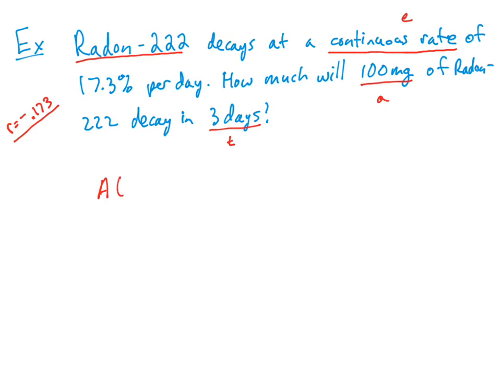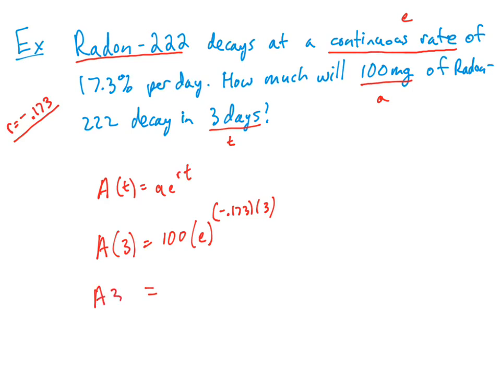So the form of the equation that we saw before was A times E to the RT. We want to know how much is going to be there after 3 days. So the initial amount is 100, times E raised to the negative 0.173 times 3.